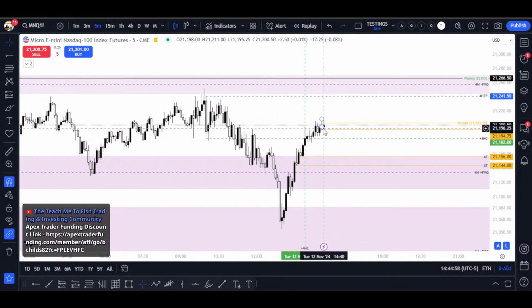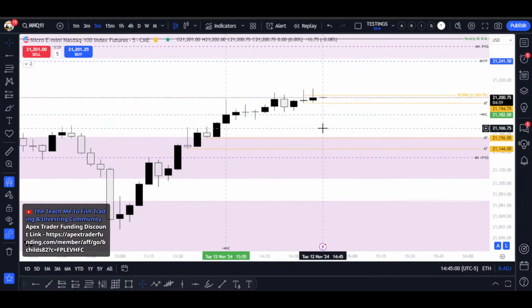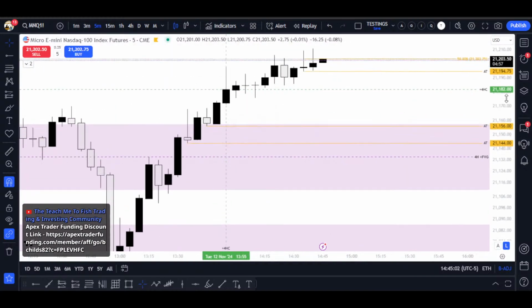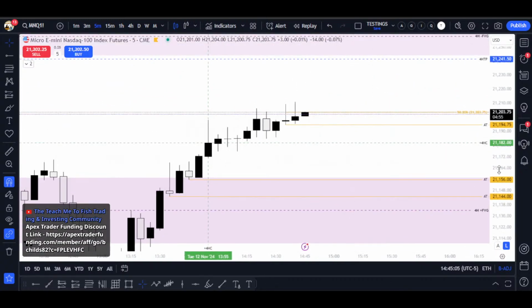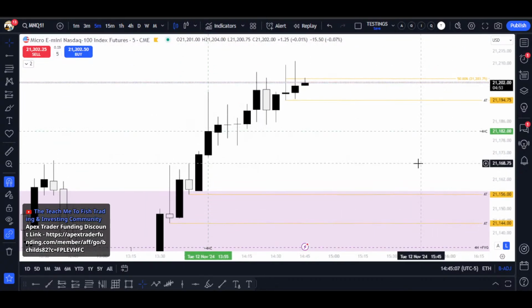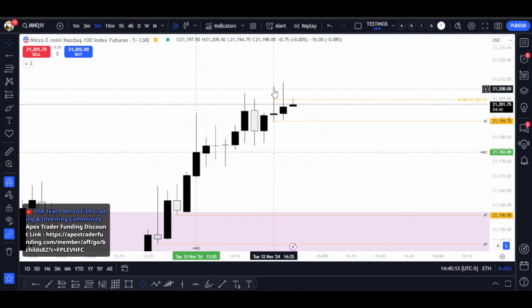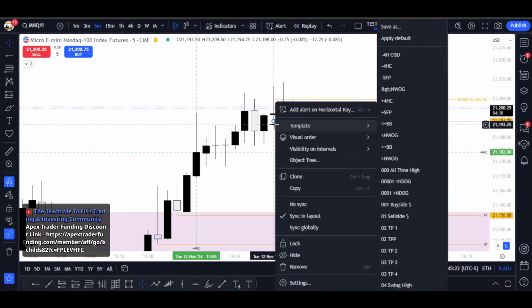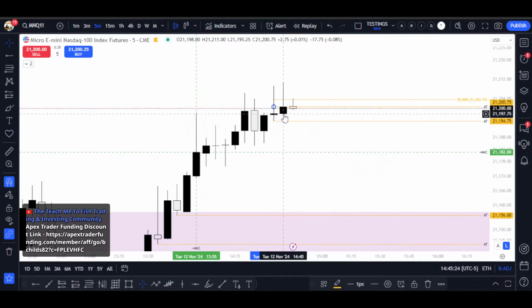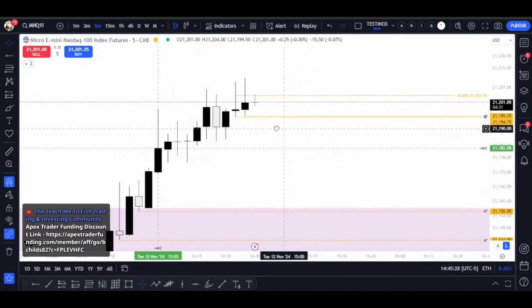All right. So it looks like we're going to go ahead and respect the consequent encroachment of that wick, at least for that candle. 240 swept the 235 high and closed below. So we're looking for the low of 240 to be an algo target.